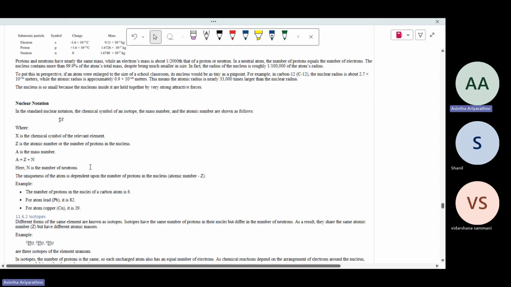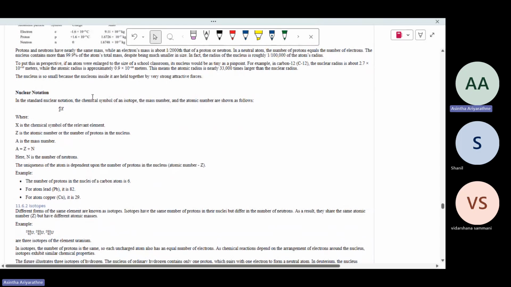This is called the nuclear notation, which you already learned in chemistry. Normally, if we take a helium atom, we denote it like this, which means there are 2 electrons and 2 protons in this atom.